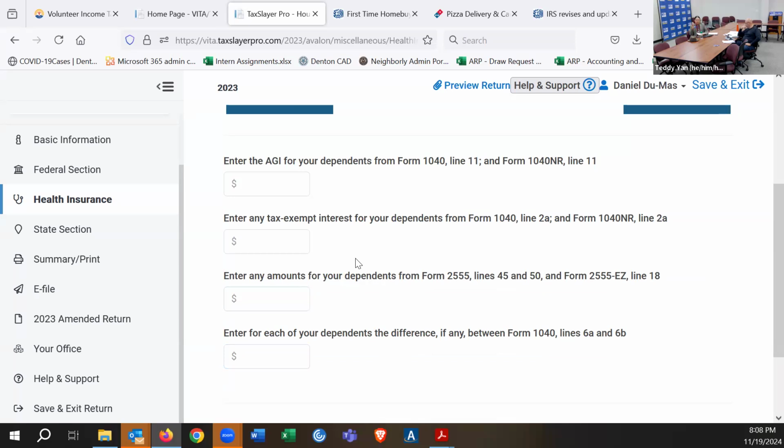That yields the modified AGI of the health household. And the MAGI, the modified adjusted gross income of the health household, is what healthcare.gov bases its premium amounts off of.